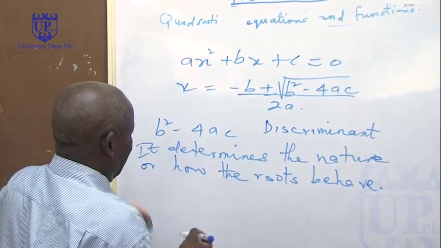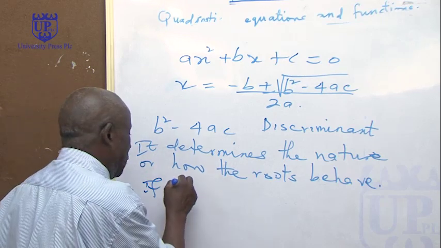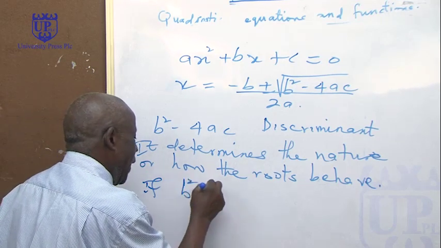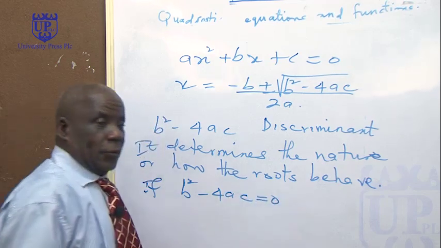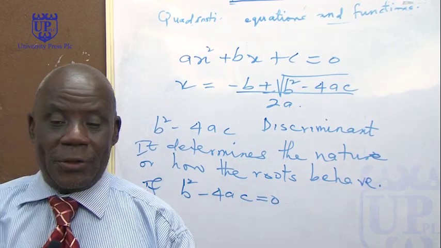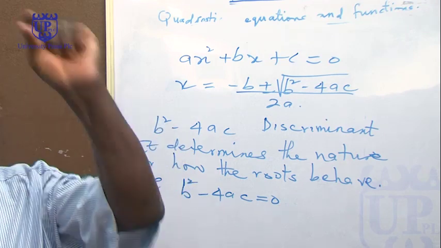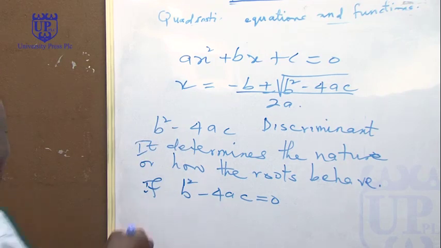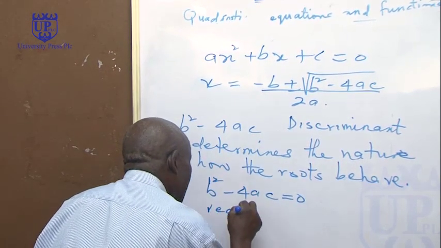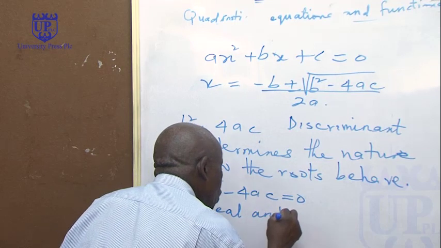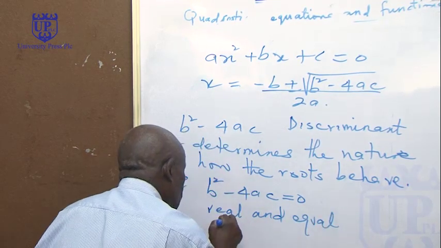Number one, if the discriminant, b squared minus 4ac, is 0, the roots are real and equal roots.